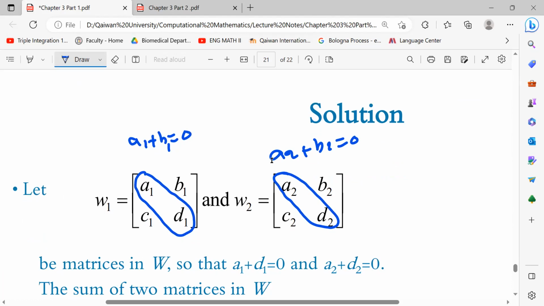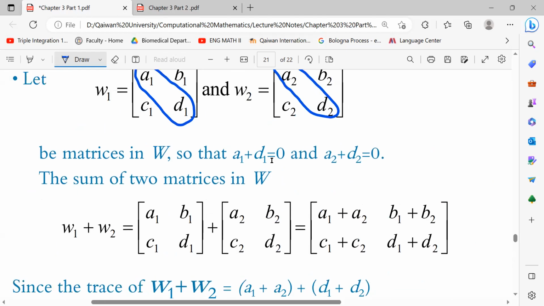Now, let's find the sum of them. We must get a matrix in which the sum of these two elements is 0. The sum of those two elements is still 0. Let's check if the sum of these two matrices gives us a matrix of that form or not.